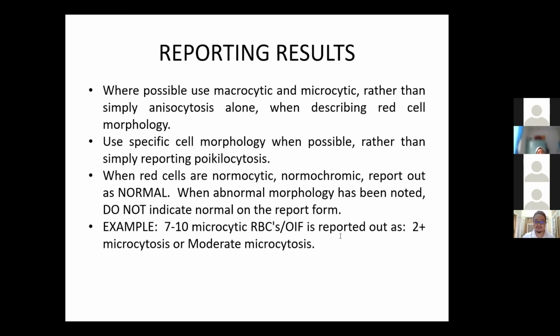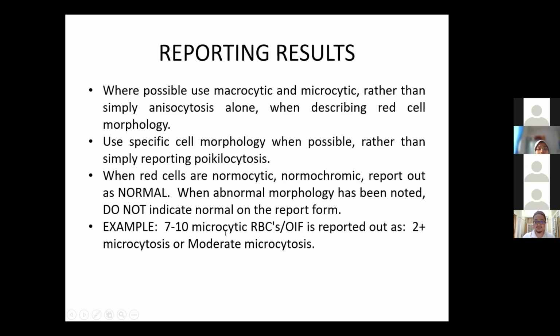When red cells are normocytic, normochromic, we report it as normal, we don't have to write normocytic, normochromic. Normal already denotes the size as well as the color. When abnormal morphology has been noted, never indicate normal. This is an example of how we report results.